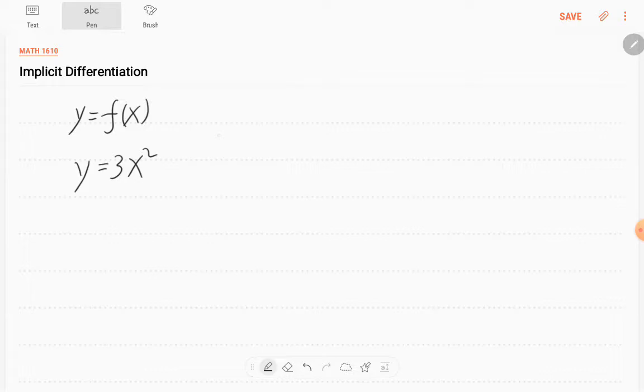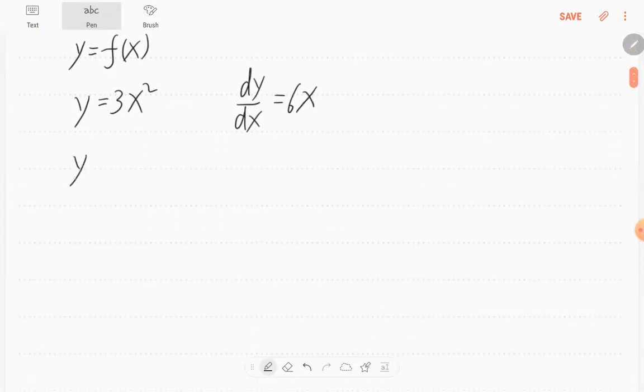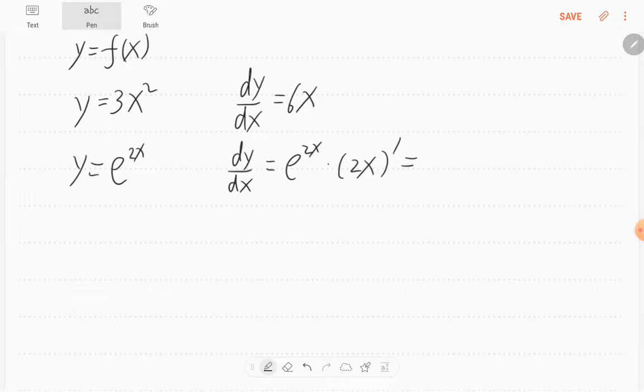And y equals e to the 2x, which we can also differentiate using the chain rule: the derivative of the inside function 2x is 2, so the derivative is 2 times e to the 2x.